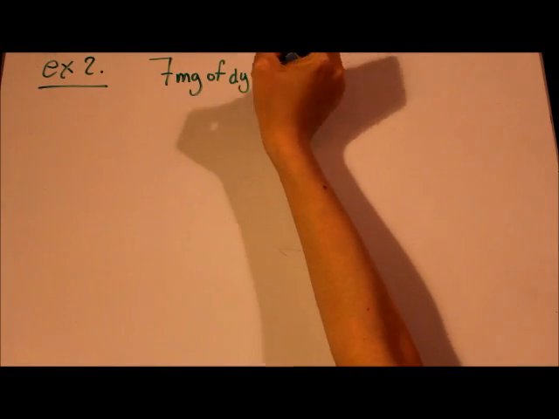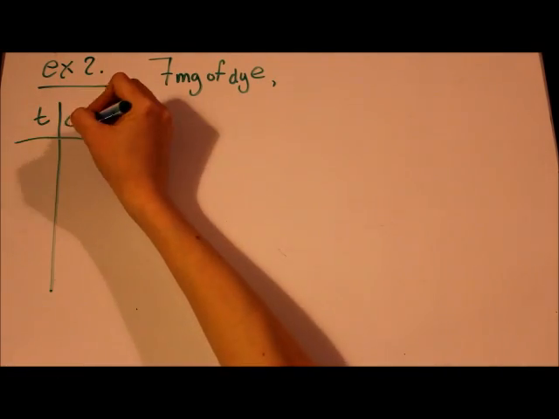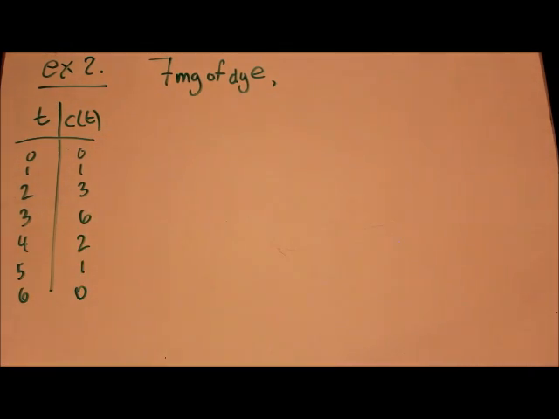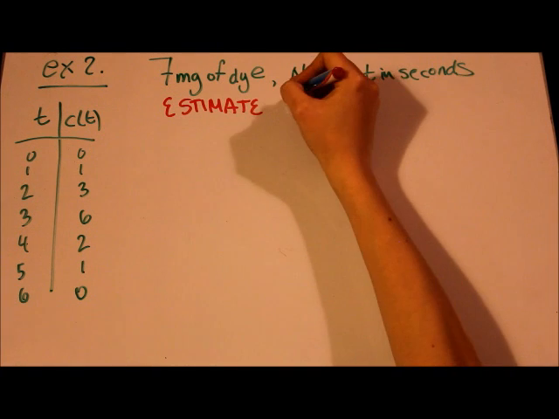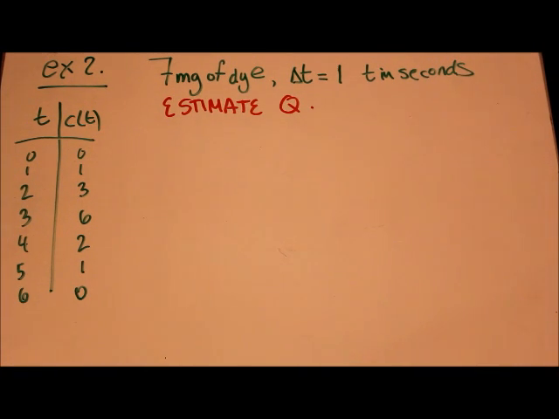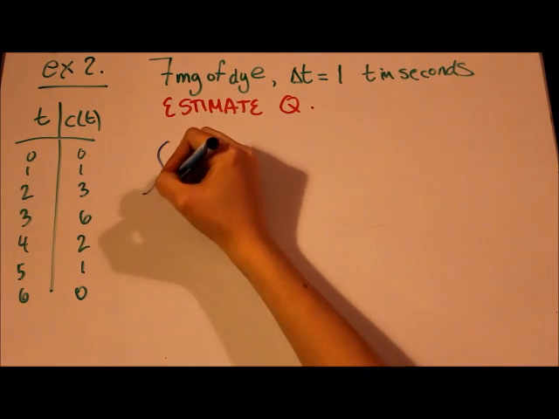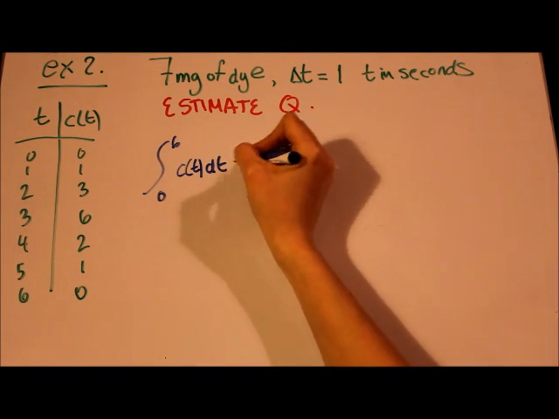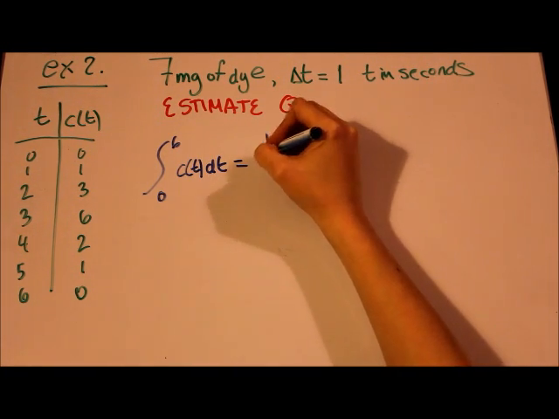And now for the example. 7 milligrams of dye is injected into the right atrium. The concentration is shown using a table of values where delta t is 1 and t is measured in seconds. Estimate the cardiac output. First, let's find the integral of the concentration from 0 to 6. We will use Simpson's rule like so.